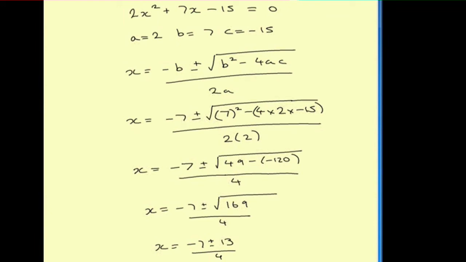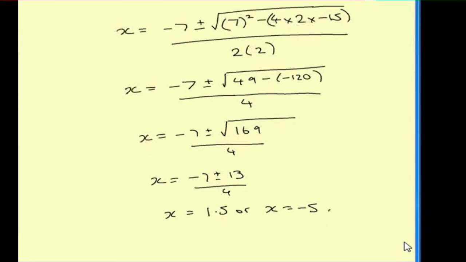So we arrive at x is equal to minus 7 plus or minus the square root of 169 over 4, the square root of 169 being 13. So x is equal to minus 7 plus or minus 13 over 4, so x will equal 1.5 or it will equal minus 5.